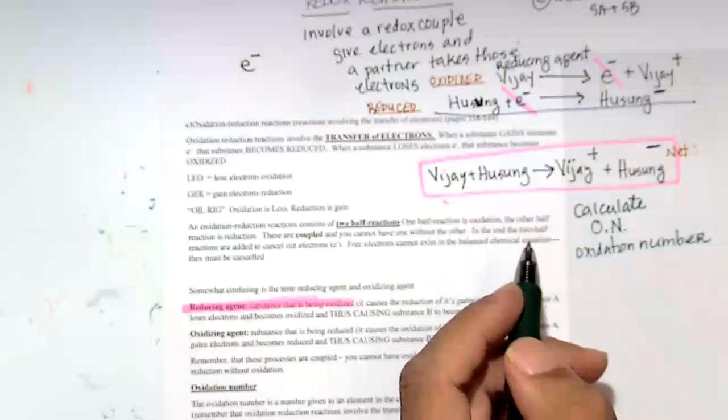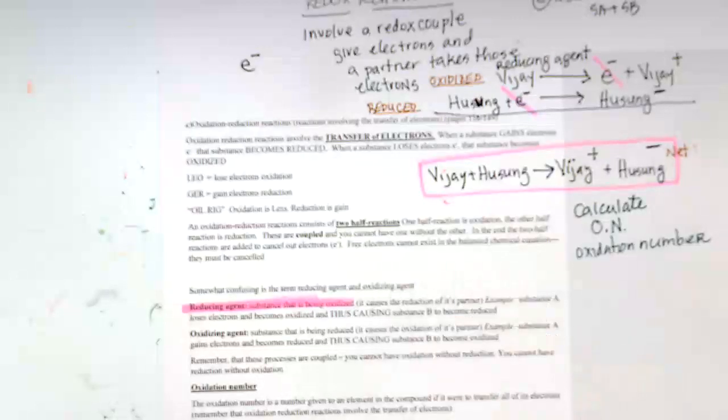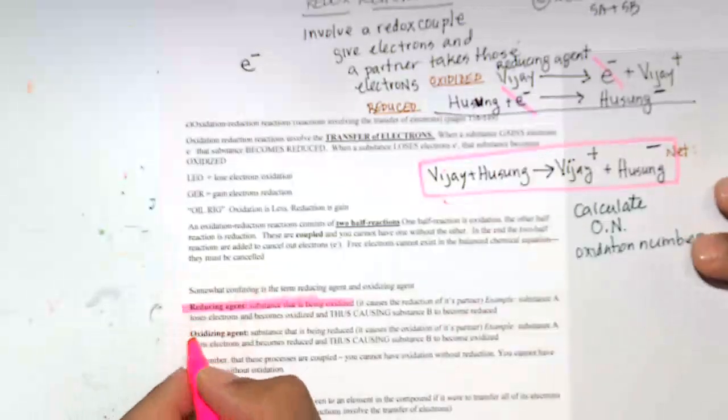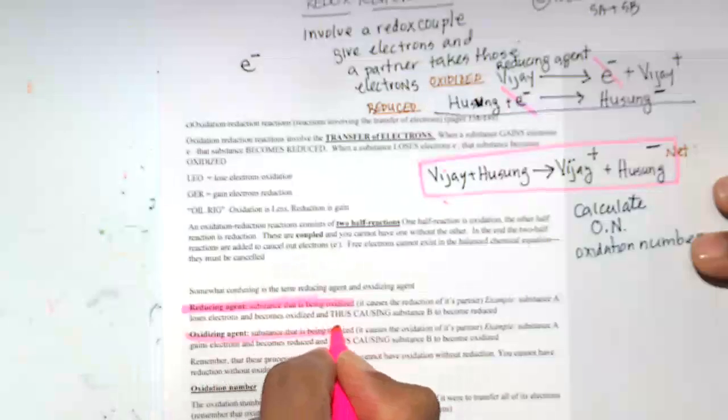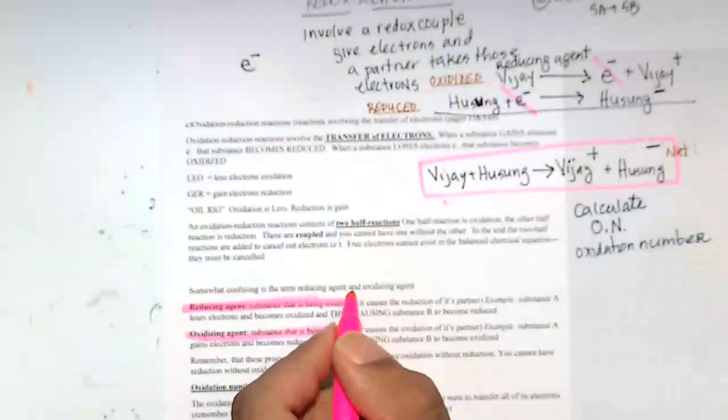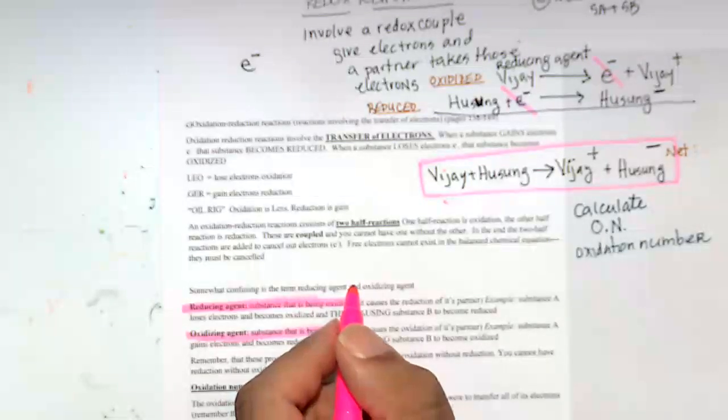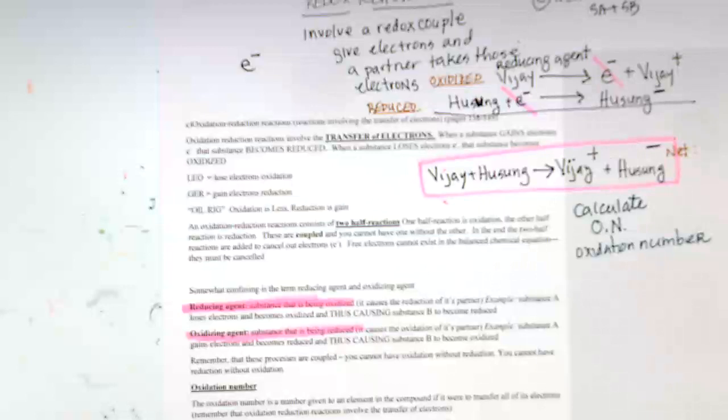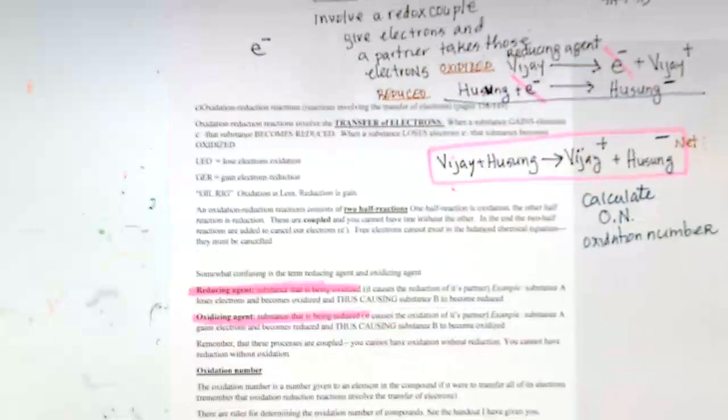On the flip side, what is Husong? He is the agent that causes my oxidation. He gets reduced, but when he gets reduced, what does he do to me? He oxidizes me. The definitions are kind of backward.